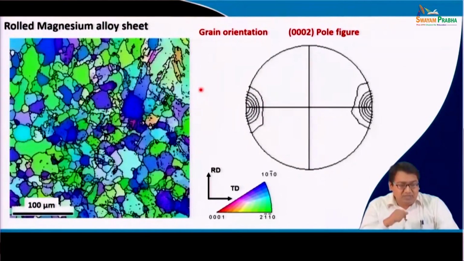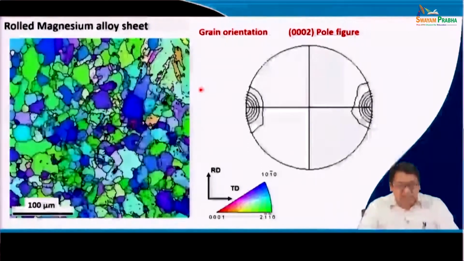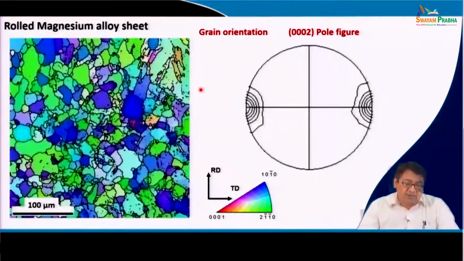Here I am showing another rolled alloy, a magnesium alloy sheet, and you can see it is a colorful microstructure again. This colorful microstructure represents quantitative microscopy, and the colors represent the plane taken.